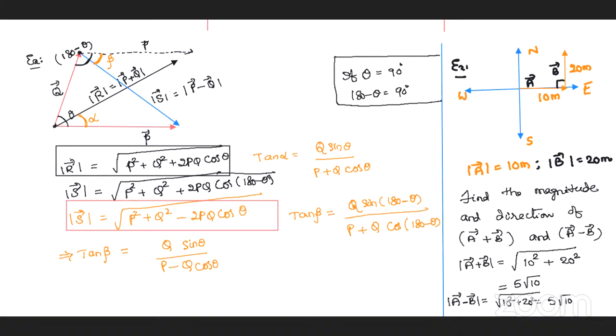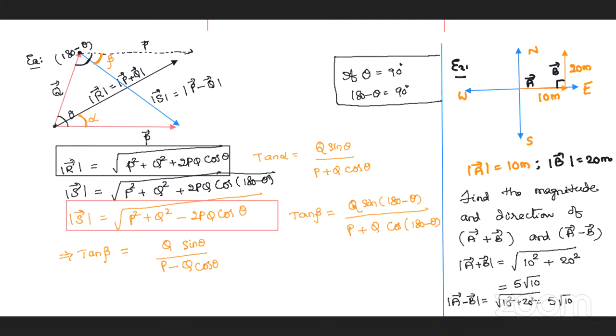So in the formula, if you substitute cos 90, which is 0, then 0 into 2pq becomes 0, so this whole part becomes 0. Then mod R bar is just root of p square plus q square. Okay, I think you understood.